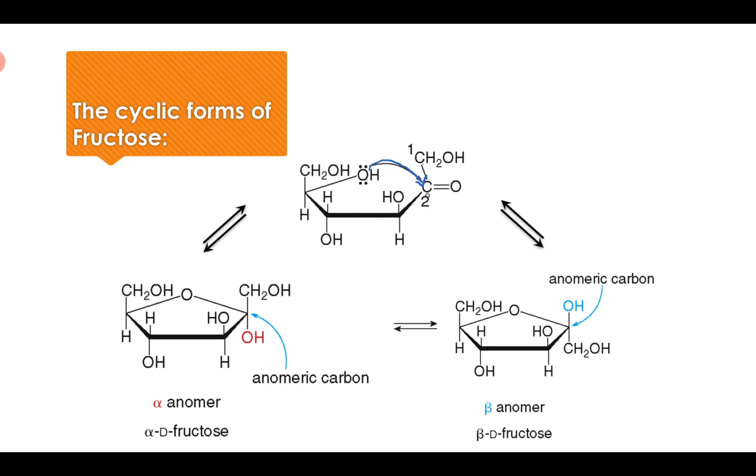We still draw it where it's on the right, and that's just the convention that happens, but you lose a member of your ring and end up forming a cyclic 5-membered ring with fructose. And so this is still where that last carbon in the chain is how you decide whether it's alpha, meaning across, or same side of the ring, meaning beta.